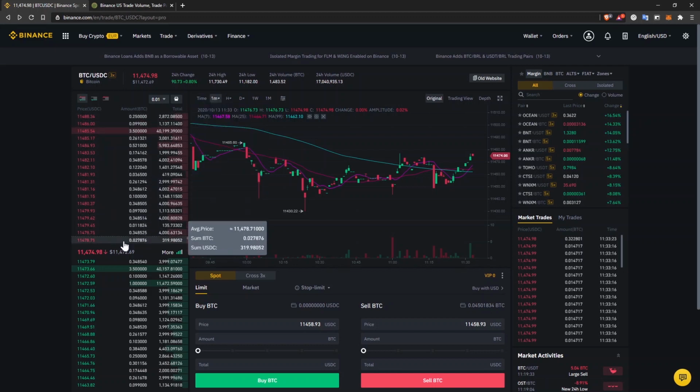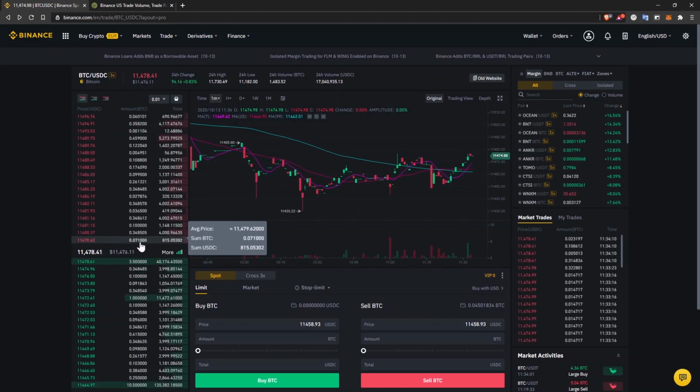So in this case, all the people that want to sell at 11,478.71 USDC for one Bitcoin, they want to sell this amount. This is not just one person; there are multiple persons, multiple orders. You can even place multiple orders at the same price and different amounts if you want.